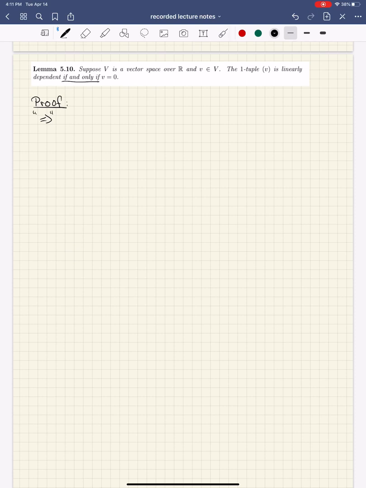So let's do this direction. We assume that the one-tuple is linearly dependent. So there is lambda in R such that lambda times v is equal to 0. Thus, if we now look at v, v can be written as 1 times v. This can be written as lambda inverse times lambda times v.